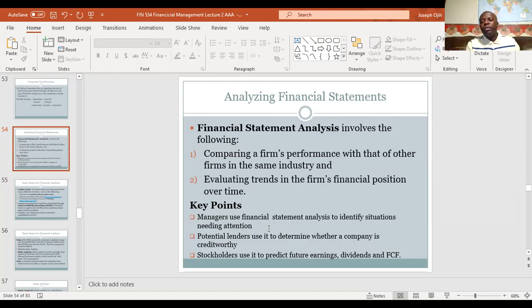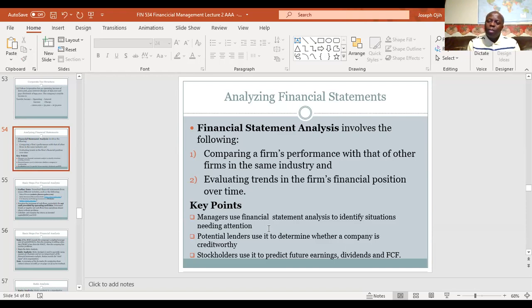Now, of course, stockholders, those that already own shares in the company, analyze their company's financial statement to make predictions about things like future earnings, dividends, free cash flow, and so on and so forth. Now, potential investors like me and you analyze the company's financial statement to see if it is a good company to put our money into, to buy their shares.